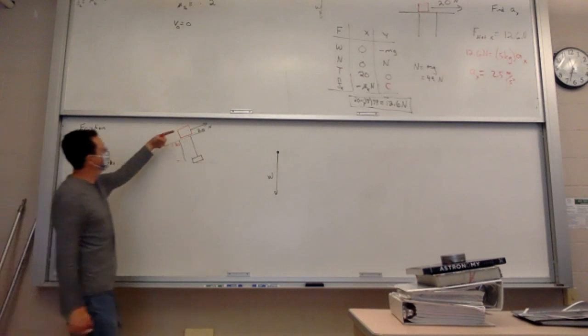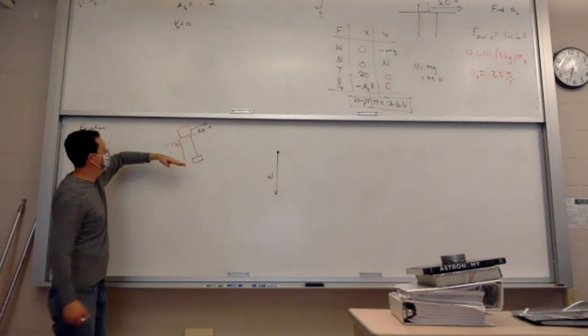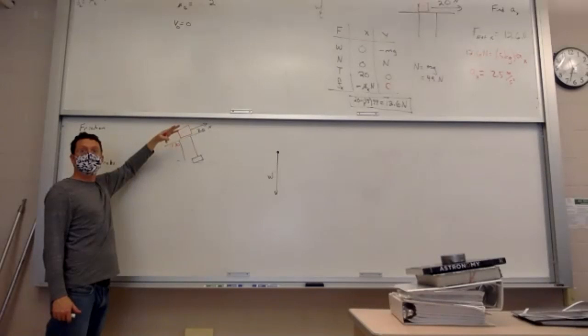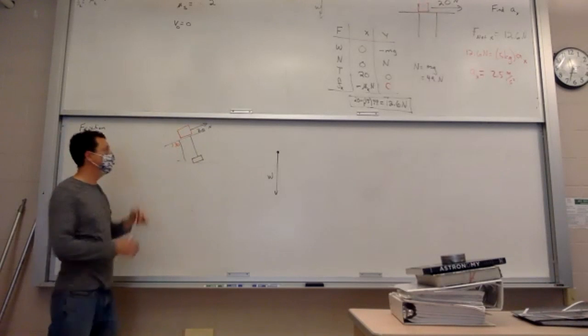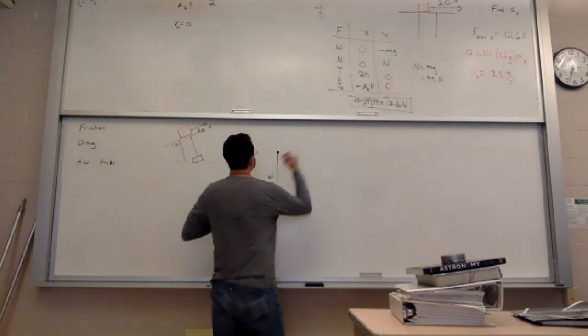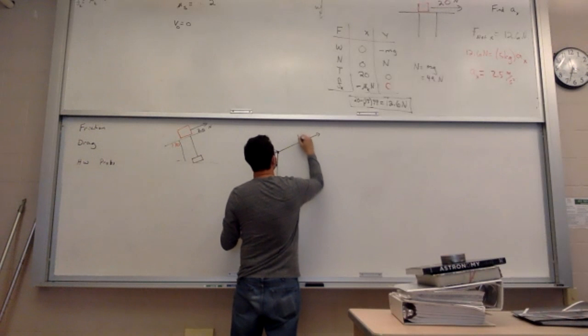Well, it's the string or whatever it is, parallel to the table. So it's going to be tipped up 30 degrees above the horizon. So the tension force is now up at 30 degrees.